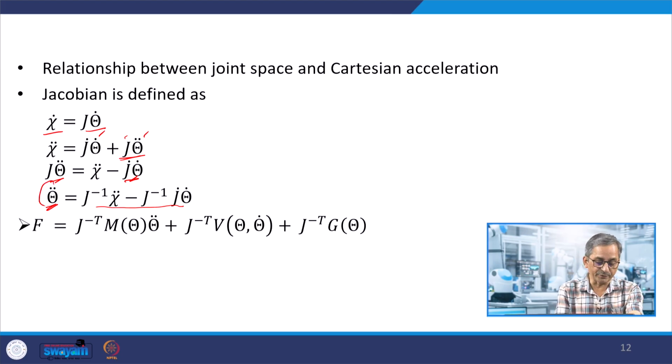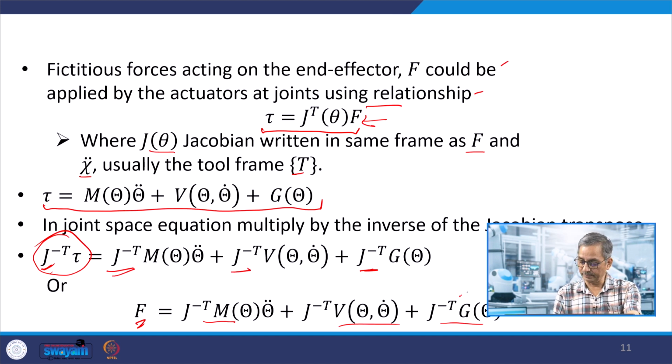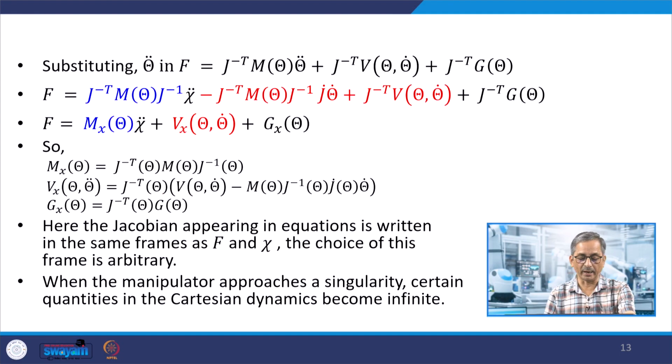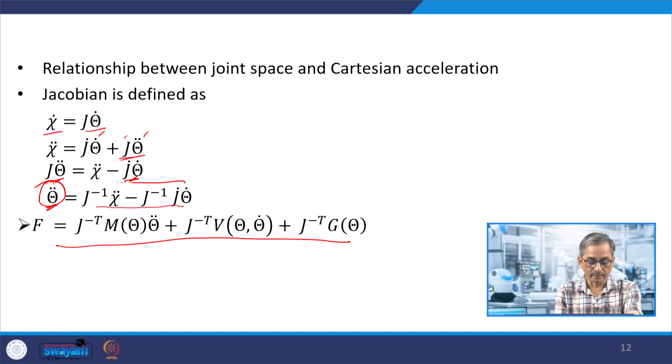Now, I can substitute for this theta double dot in the equation which we derived previously. So, let us do that. In this equation I am putting the theta double dot value. This is the first term after putting theta double dot, that is I have J transpose inverse, M theta as it is, and for theta double dot I now put this value.